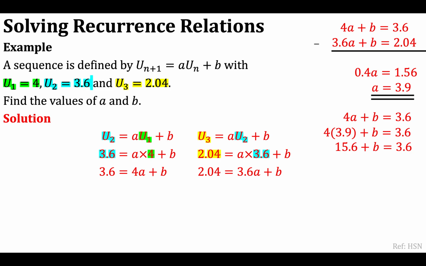That is 15.6 plus b is equal to 3.6. And if I subtract my 15.6 from both sides of the equation, I'm left with b being equal to negative 12, which is the final part of my answer. So that recurrence relation would have looked like this: u(n+1) is equal to 3.9u(n) minus 12.